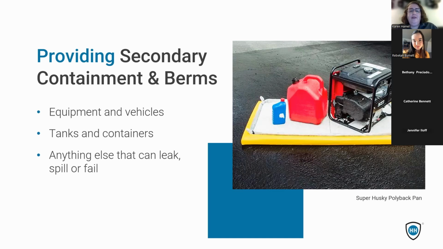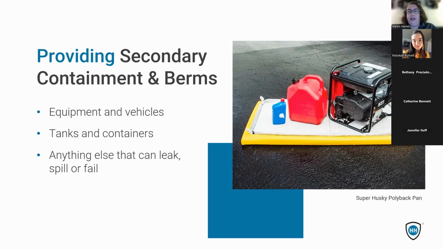And quite often, this doesn't mean creating a big, large concrete system like the secondary containment berms that we traditionally see. This could be an earthen berm. Maybe it's a temporary storage situation, and this may be as simple as putting down a tarp and putting some sandbags around the edges to create that small pool and keep that area contained until we can find a more permanent solution.